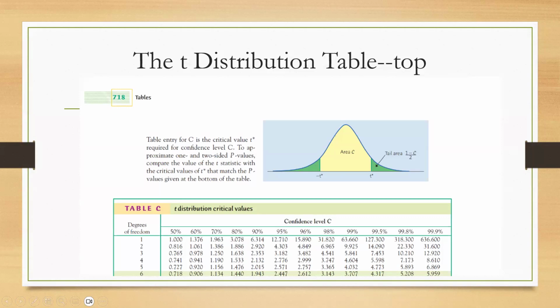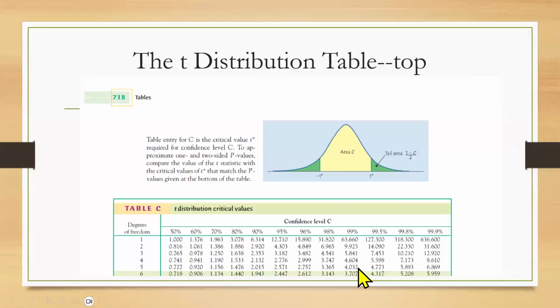Our T star, the plus and minus values that give us 95% of the area in the middle, is going to be 2.447.